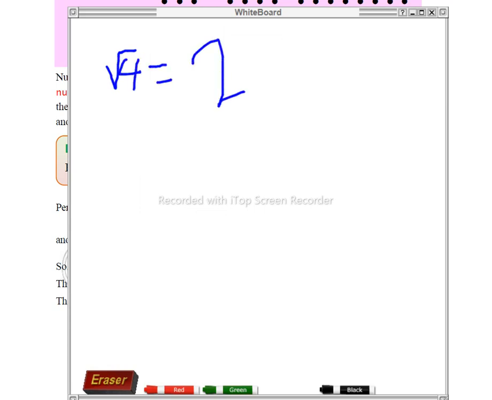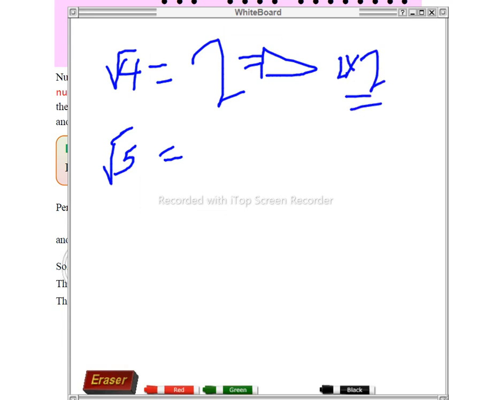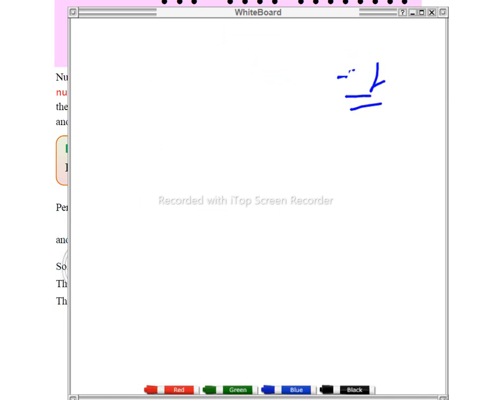But the square root of 5 is not a perfect square, because there is no number that multiplied by itself gives us 5. But 4 is, since 2 times 2 is equal to 4.